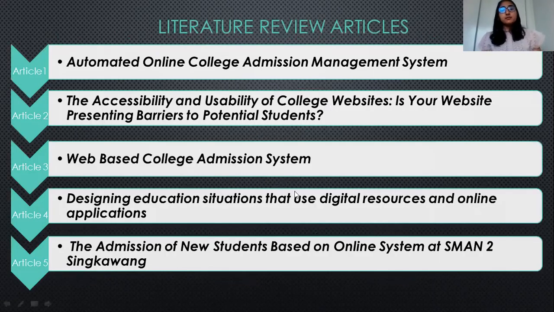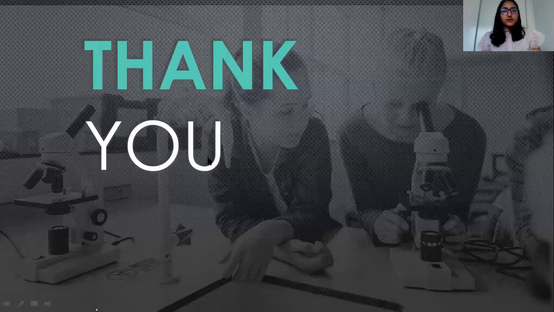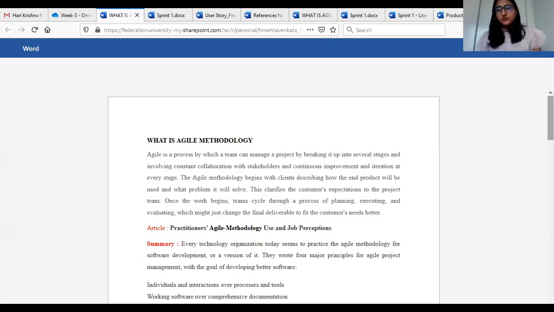And here's my Sprint one literature review. I read 5 articles, and these are the articles. And I will show you my evidence, or my group evidence, of what we have done. This one is the work done by Chamodi.